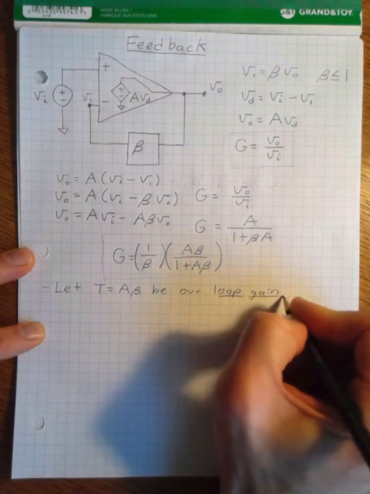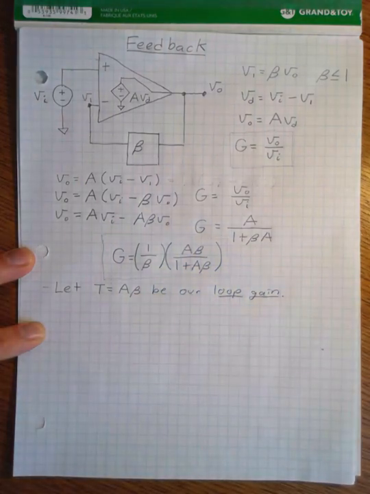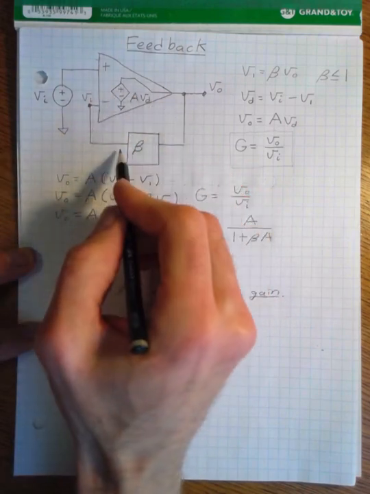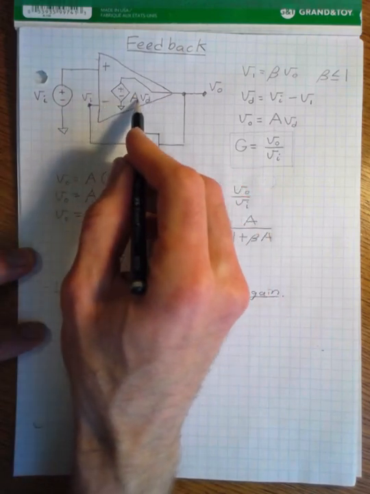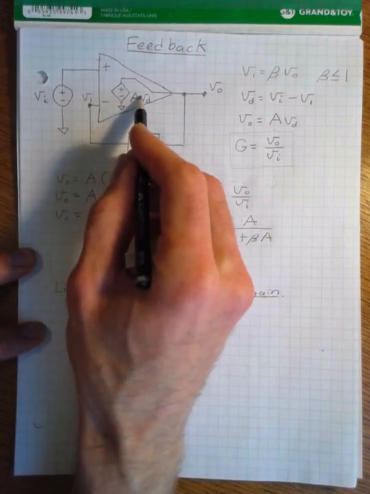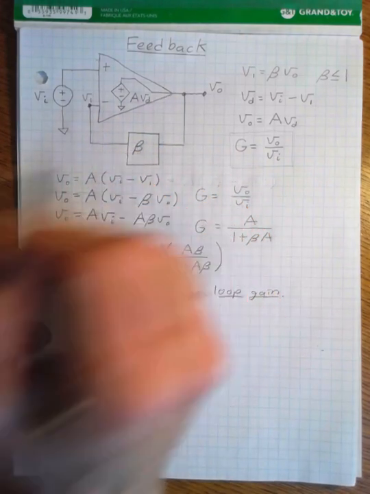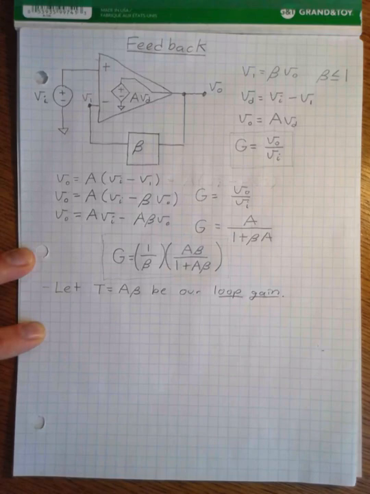So this is known as our loop gain. Why do we call it the loop gain? Well, let's imagine we're sort of going around a loop, our feedback loop. So we go through the amplifier, we get amplified by A, and then we go through our feedback loop and we get attenuated a little bit by beta. And so that's why we called it our loop gain.